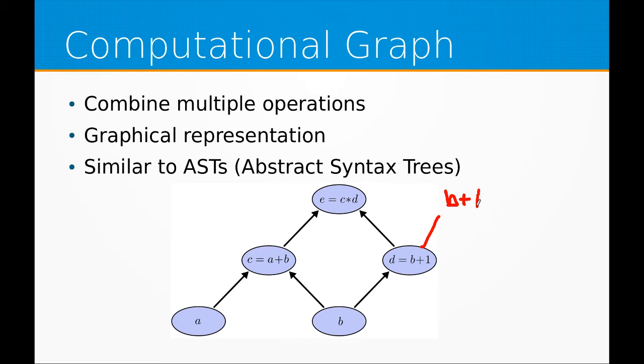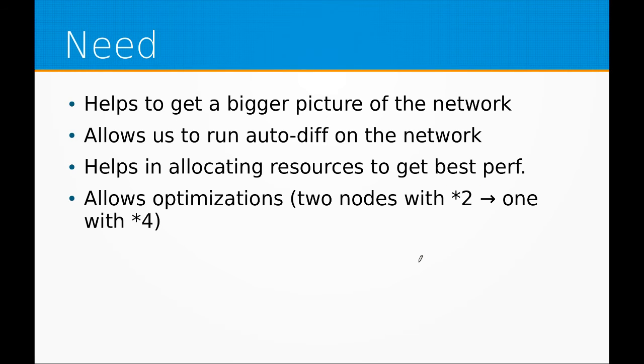You see that these two operations are wasteful. You can just combine them together to say D equals B plus 2. So this is a kind of optimization that you can do only when you have a bigger picture. You cannot do this if you only know which operations are being done. You need a bigger picture to be able to do things like reducing two additions into one, and other examples as well.